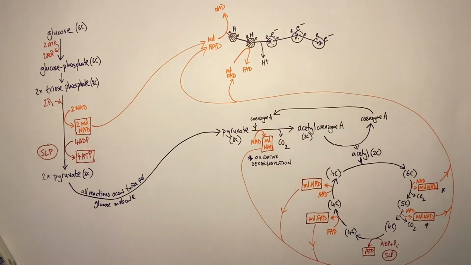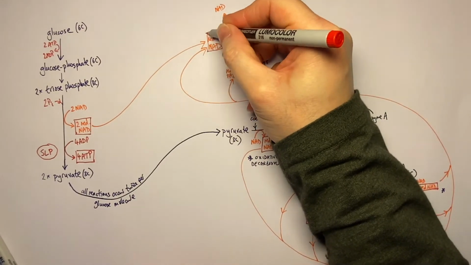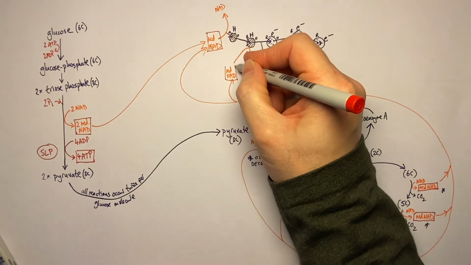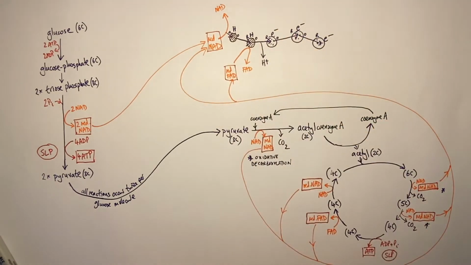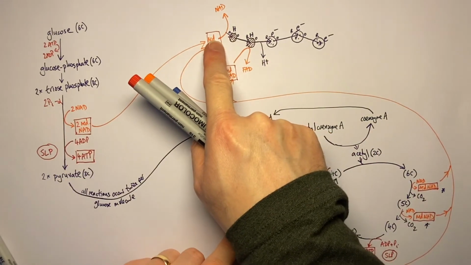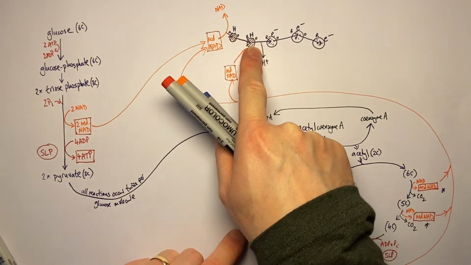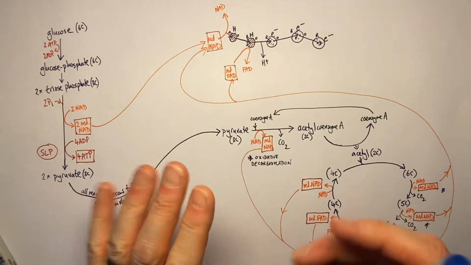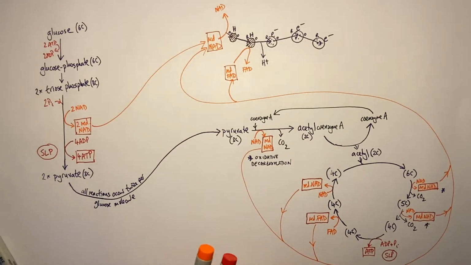So FAD is a little bit of an oddball, really. It can be used here and it gives it to the second carrier like that. So that's great. So that there is the electron transport chain in the inner mitochondrial membrane, which I'll talk about in a moment in a bit more detail.